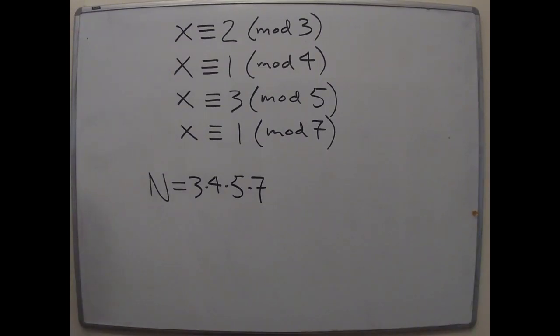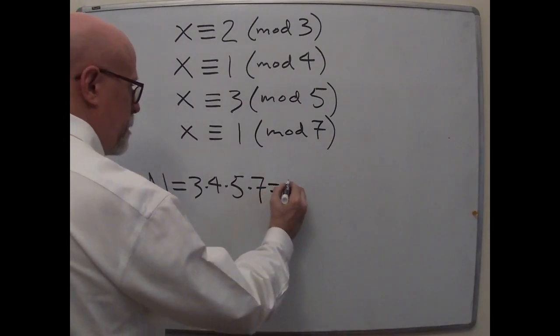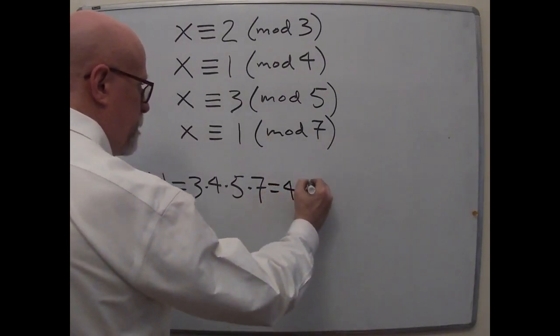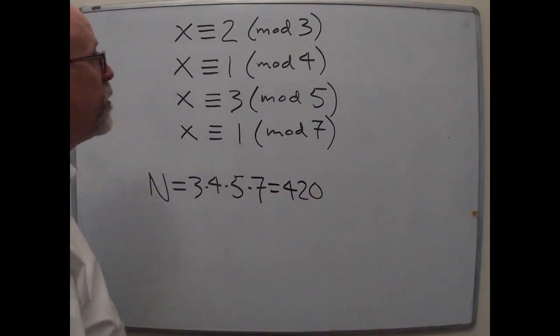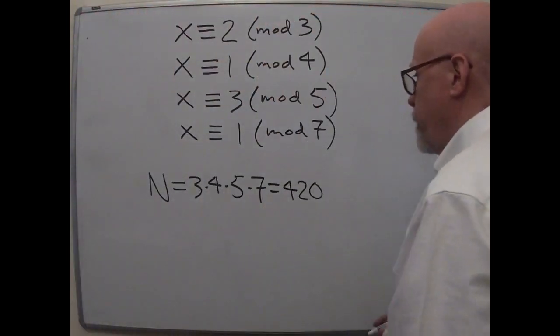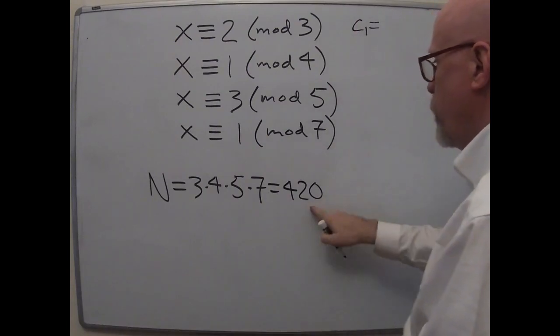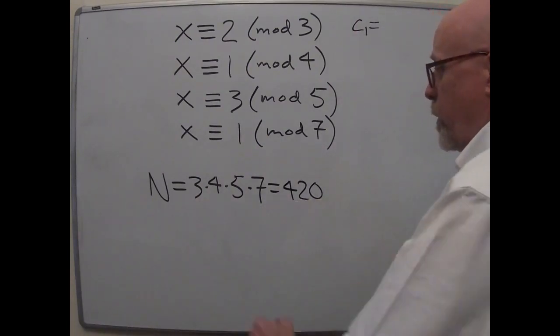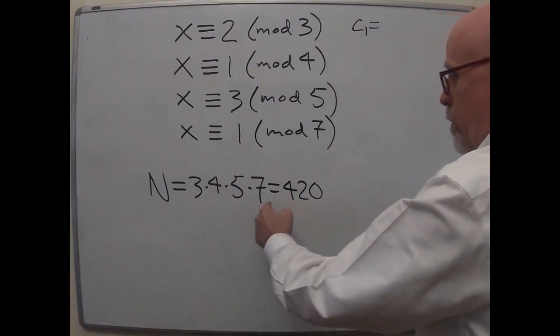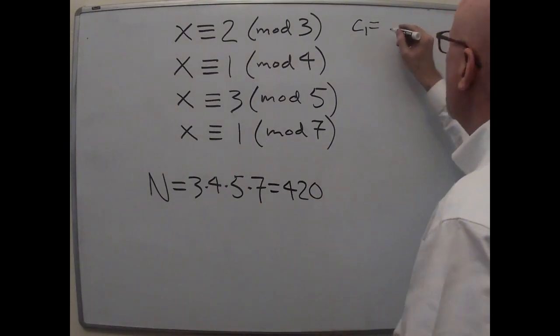Well, that's 20 times 21, 420. Can you see what the C's would be? C1 would be 420 divided by 3, so it would be 4 times 5 times 7, 20 times 7, 210.